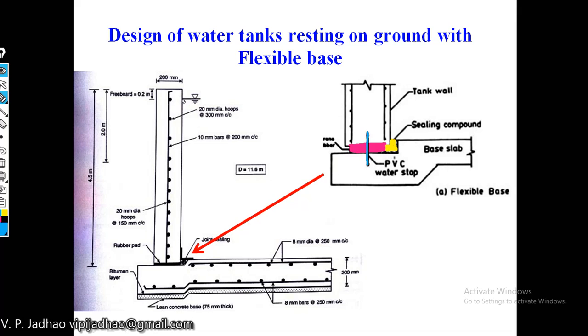Water depth is up to this particular level, and this portion is called freeboard. The steel will be provided as shown in this figure. This is for water tank with flexible base. I have already covered the water tank with flexible base in another video. You go through that particular video.